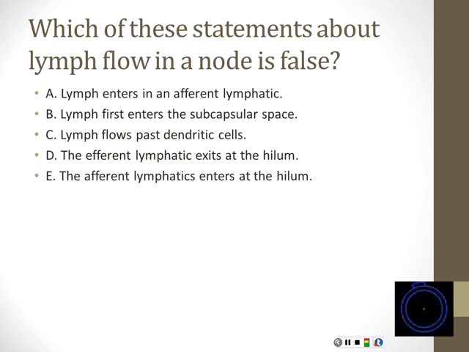All right, so if efferent is to go out of, what exits the hilum is that center part where the arteries and veins come in. So the lymph leaves the lymph node at the hilum. So that's the efferent, which means that E can't be true, because the afferent lymphatics come in from the sides and the efferent comes out the center at the hilum.